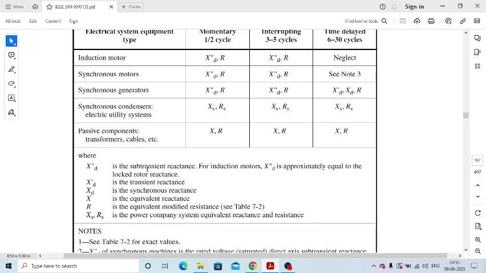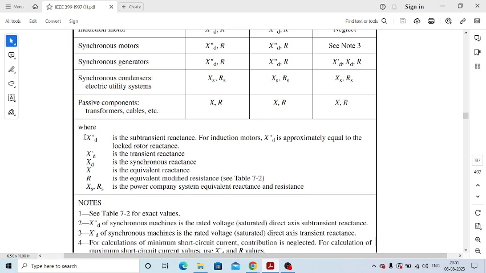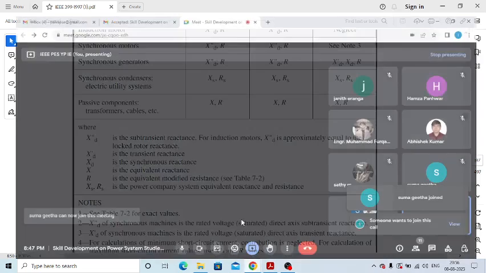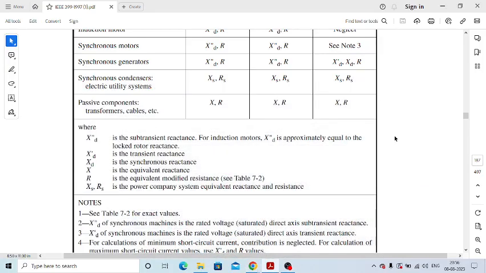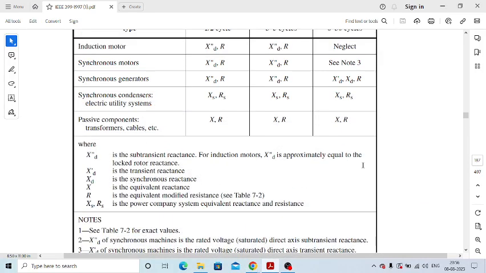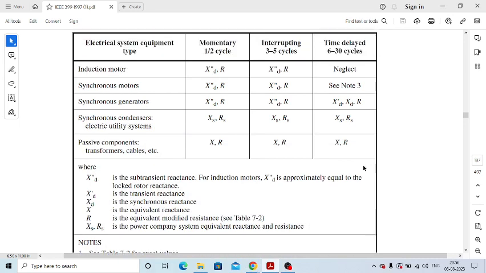You can see here that Xd double dash is the subtransient reactance, Xd dash is the transient reactance, and Xd is the synchronous reactance. So these reactances play an important role in calculating the short circuit current.